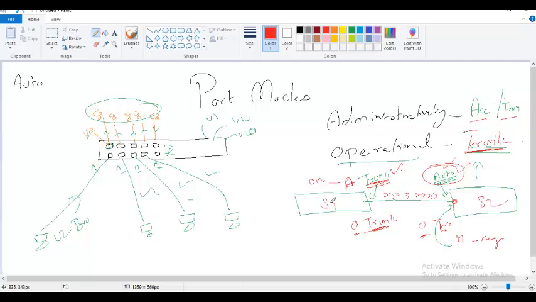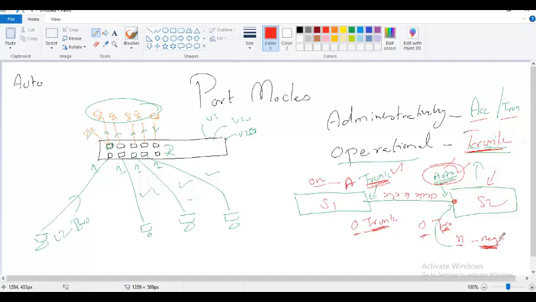Whereas this side, switch 2 is trunking not because the administrator configured it. It is because of the neighbor. Neighbor is coming and negotiating. N means what? Negotiation. It comes and says, I'm a trunk, man. What do you say? So this guy says, okay, no problem.